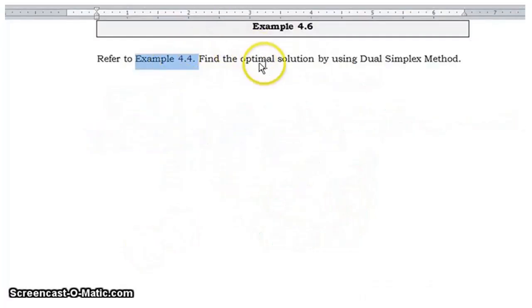Now, let's discuss example 4.6, where we need to find the optimal solution of the problem in example 4.4.